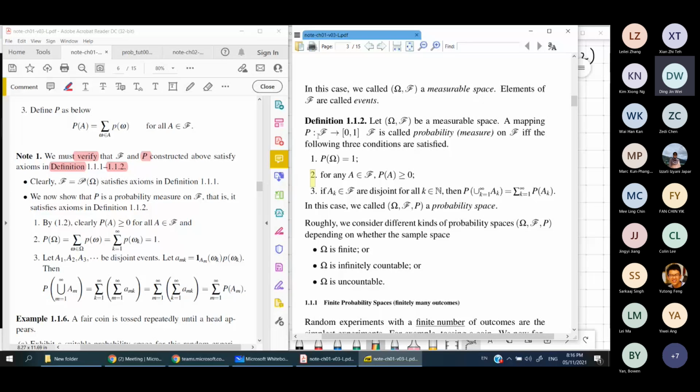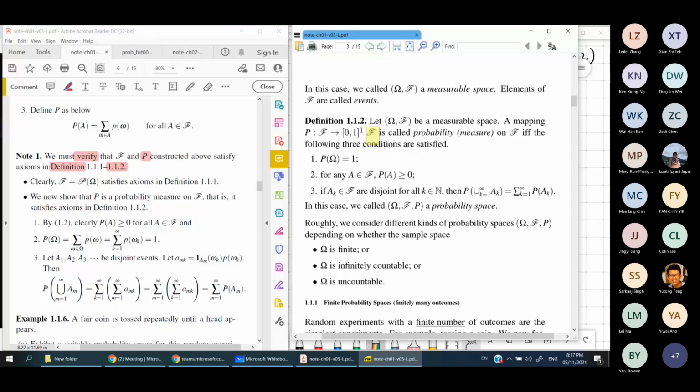P is a map from F to [0,1]. Okay, yeah. Thank you very much. So remove this further F, this is something extra. Remove it. Thank you.